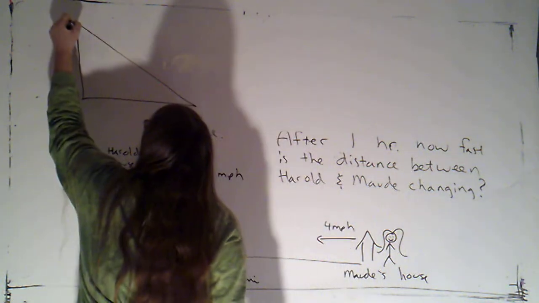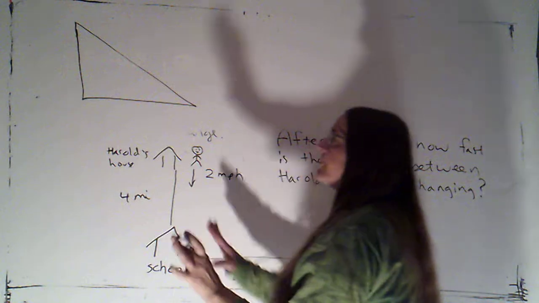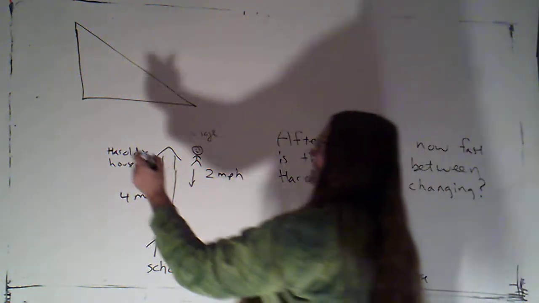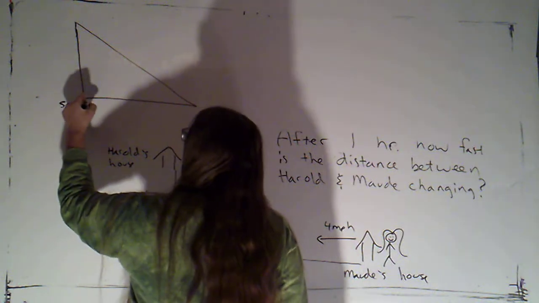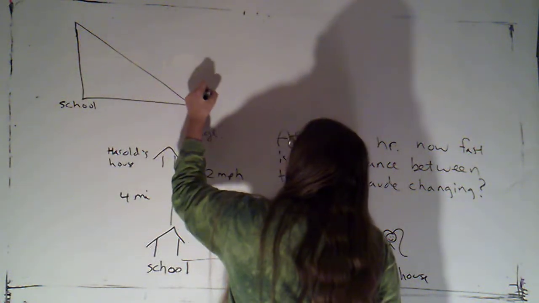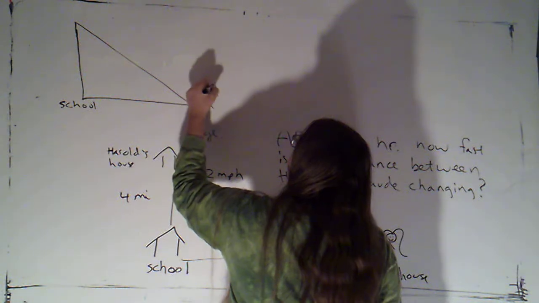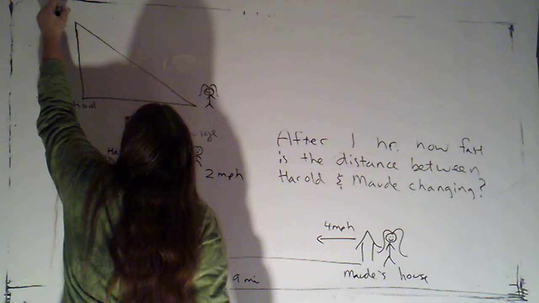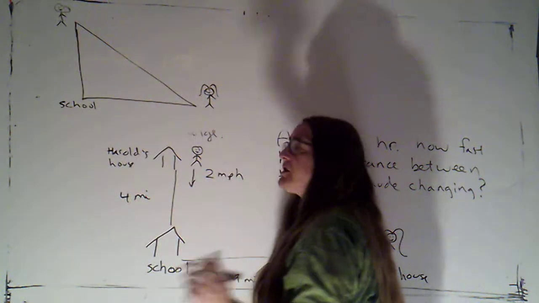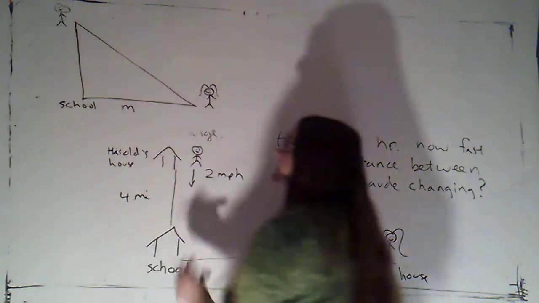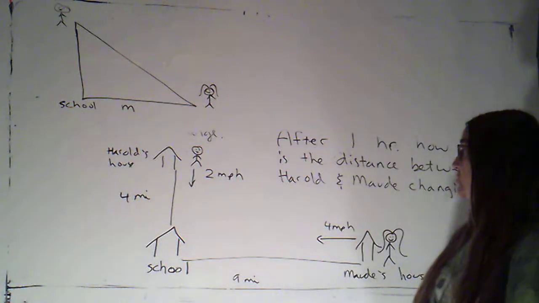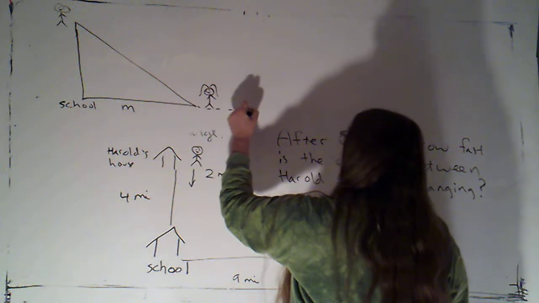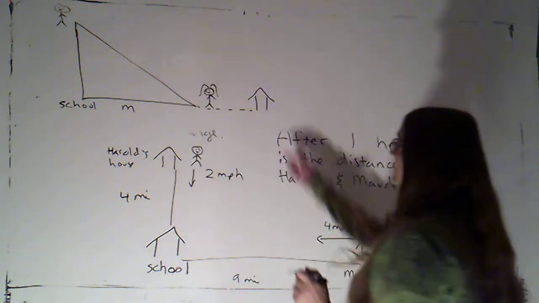I'm going to just notice that at every moment in time, we're going to have a right triangle like so, where here we've got the school, here we've got Maude, and here we've got Harold. So I'm going to just label M is going to be Maude's distance from school. Now, that's not the same as how far Maude has walked, because Maude's house might be over here.